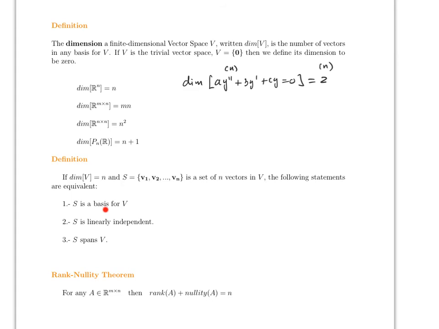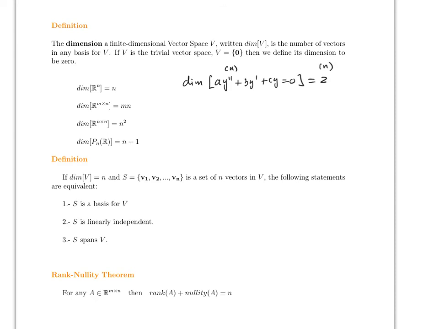That means that S is a basis for the vector space, S is linearly independent, and S spans the vector space. In other words, if you have a set of linearly independent vectors that matches the dimension, then that set is automatically a basis.